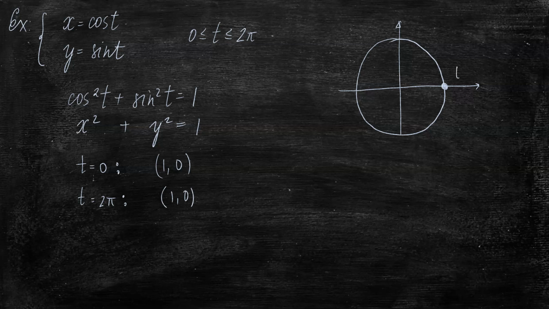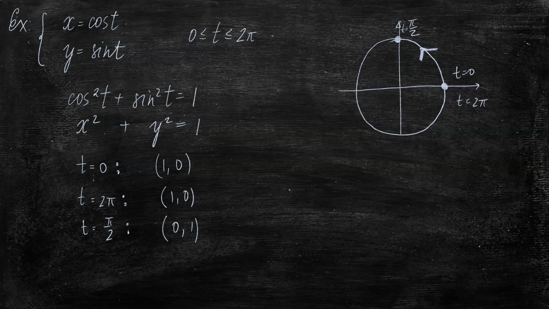So we're going to have to do something to figure out the direction in which the curve advances. So to do that, we're going to pick another value of t, let's say pi over 2. So where is it at pi over 2? At pi over 2, we're going to be at 0, 1. So this is where we are when t is equal to pi over 2. So the movement on this circle will be in the counterclockwise direction.